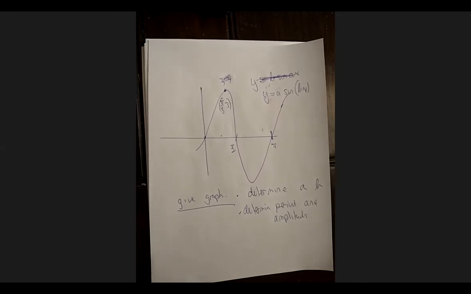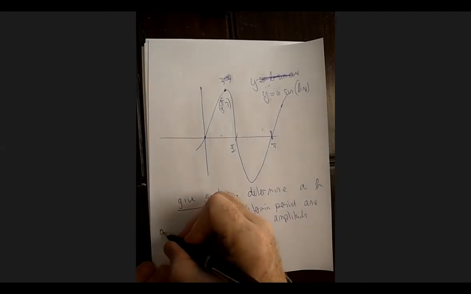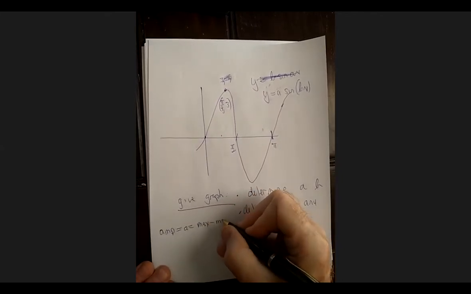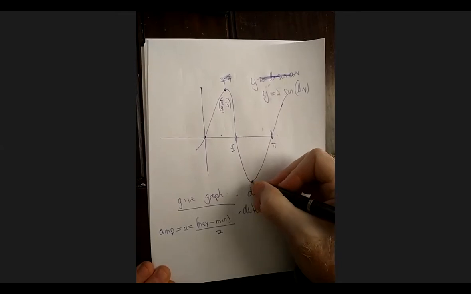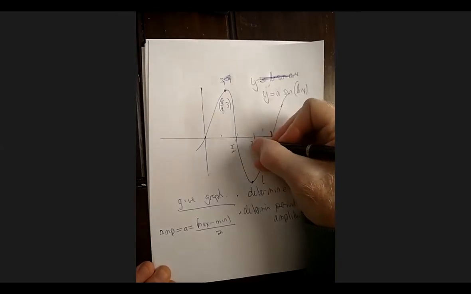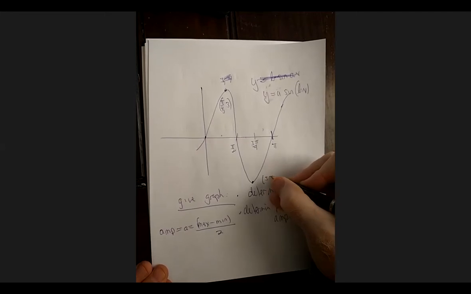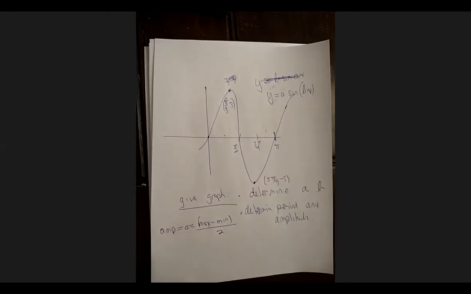The amplitude, which is A, is the max minus the min divided by 2. So let's put a point down here. What would the amplitude here be?